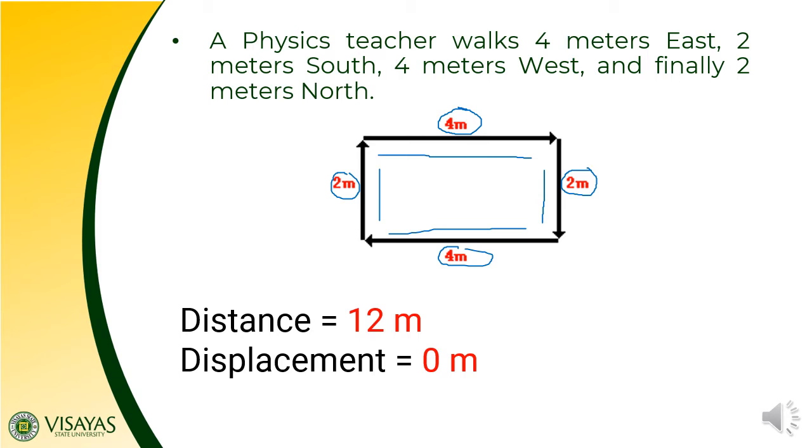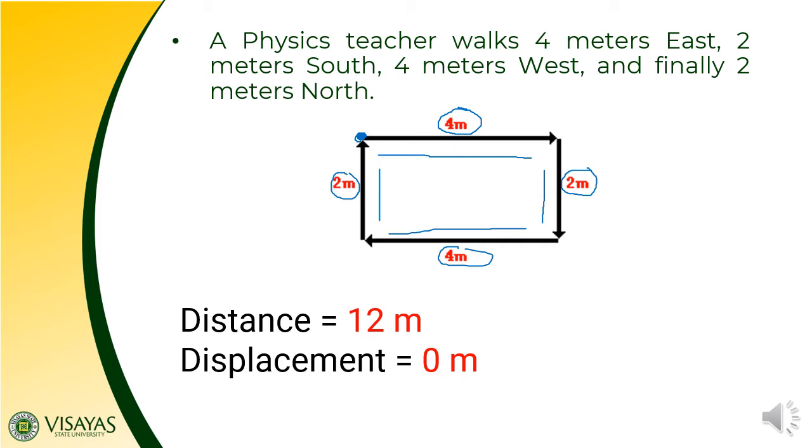The value for displacement naman is 0 meters. Why? We all know that displacement is a vector quantity. It is more focused on both the magnitude and direction of the travel. But then, displacement also talks about the object's overall change in position. So at first, the physics teacher is at this point, its initial position, from which it travels 4 meters east, 2 meters south, 4 meters west, and finally 2 meters north.